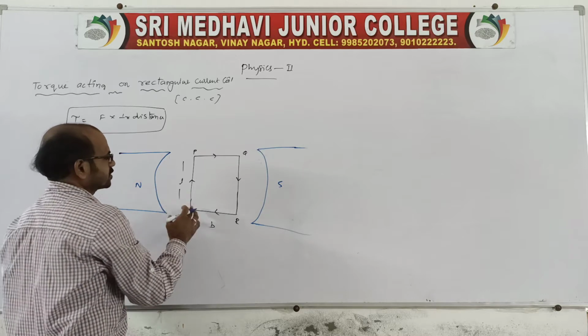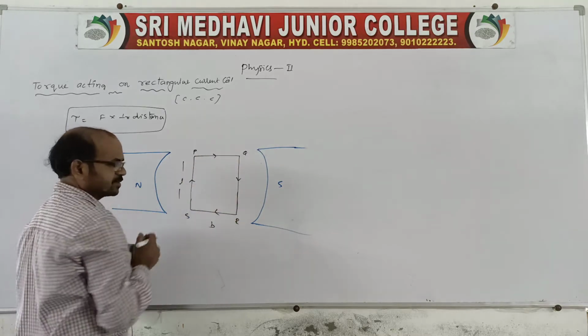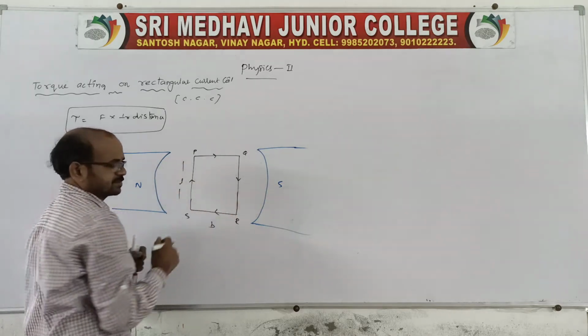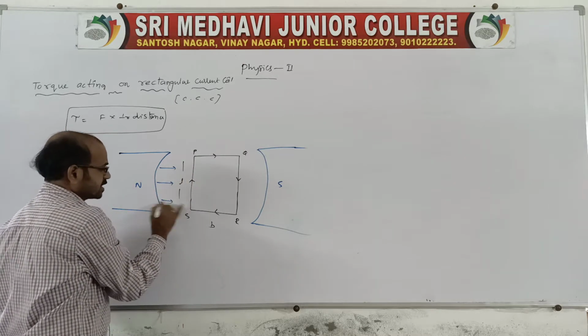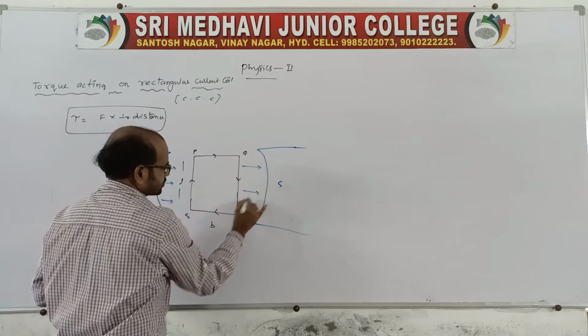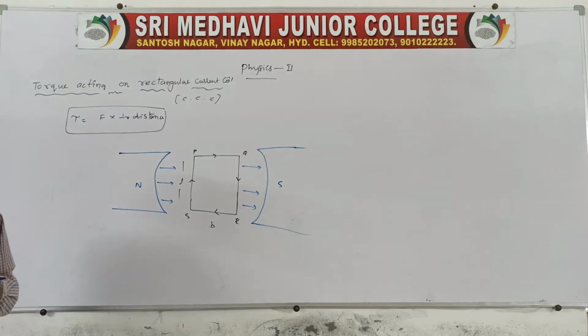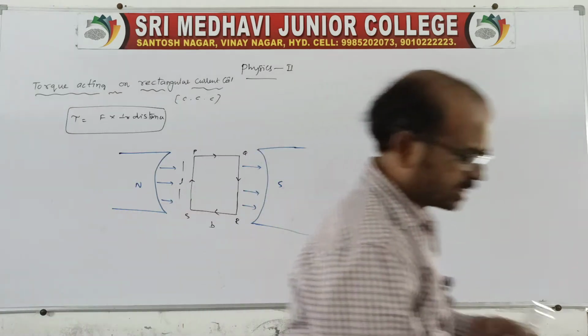One field is due to the current carrying coil, and this coil is placed in the horseshoe magnet, which also provides the uniform and radial magnetic field. Because of the two fields, this coil may rotate or turn.